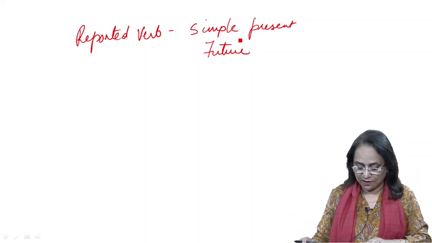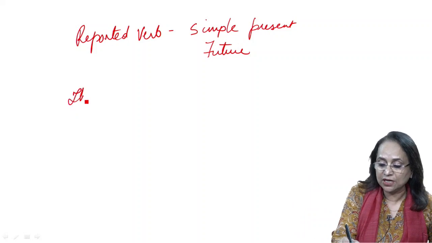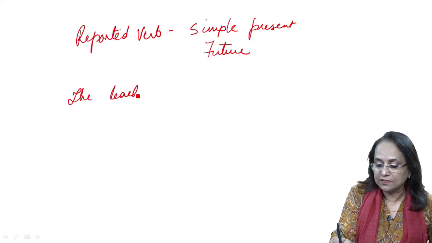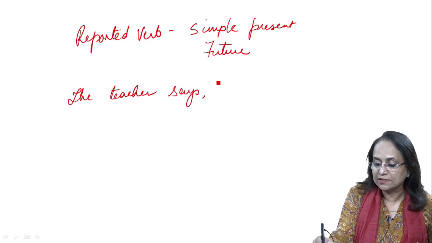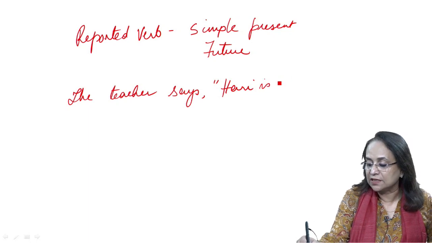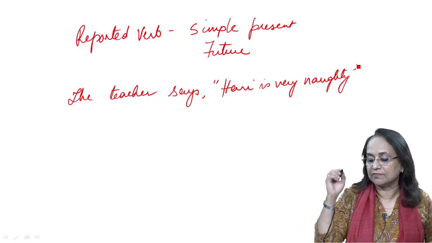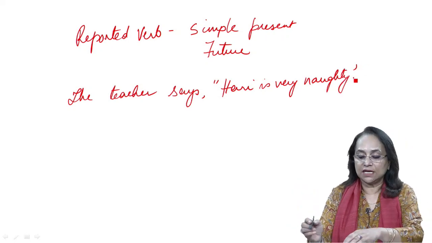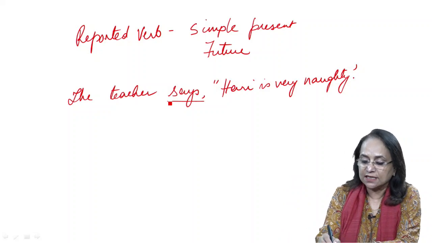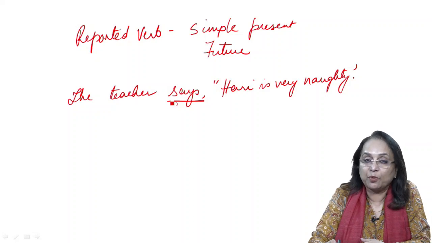For instance, for example, the teacher says, "Hari is very naughty." Right? So the teacher says, this is the reported verb.